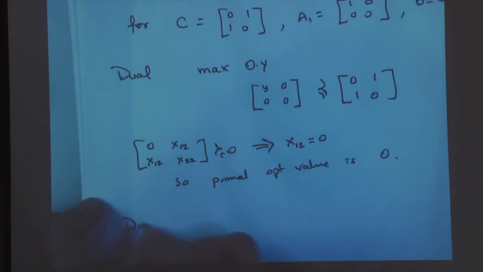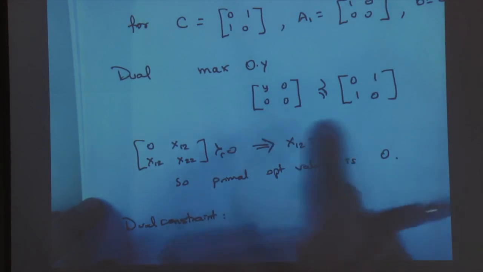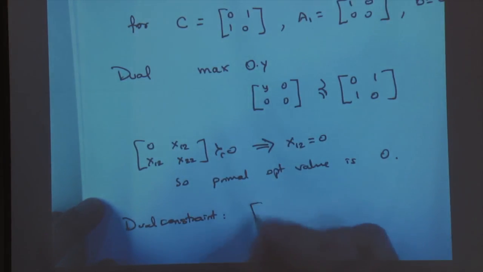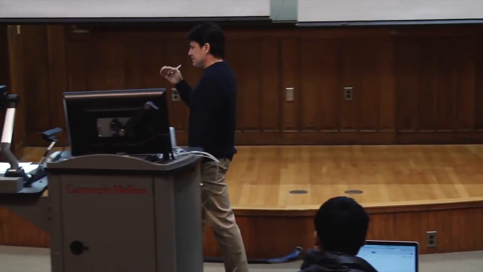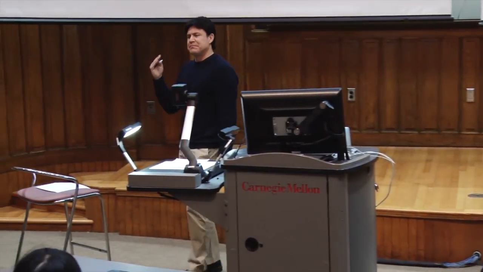Now let's look at the dual constraints. The dual constraint we can rewrite as minus y, 1, 1, 0 being positive semi-definite. Is there any value of y that would make this positive semi-definite? For that, the eigenvalues have to be non-negative, or in particular the determinant has to be non-negative.